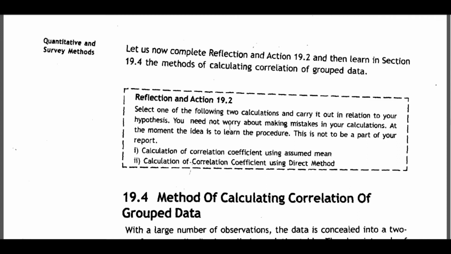You need not worry about making mistakes in your calculations. At the moment, the idea is to learn the procedure. This will not be a part of your report. One, calculation of correlation coefficient using assumed mean, and two, calculation of correlation coefficient using direct method. So this is the reflection and action to be done.